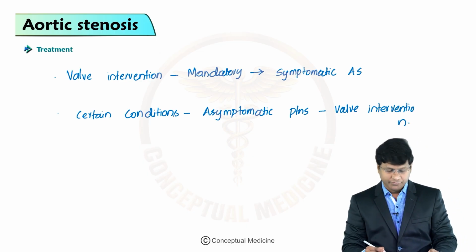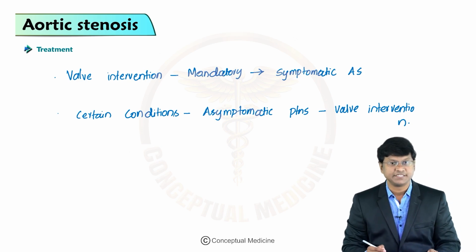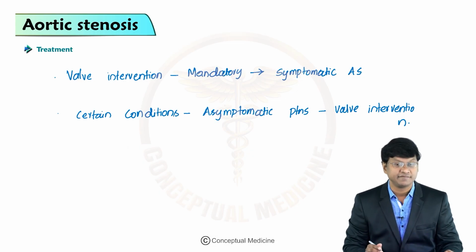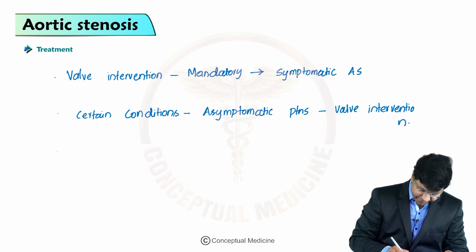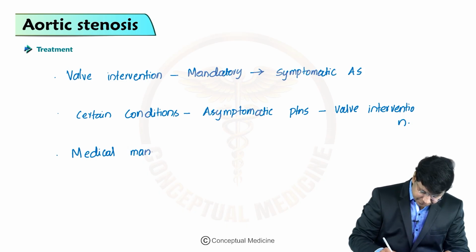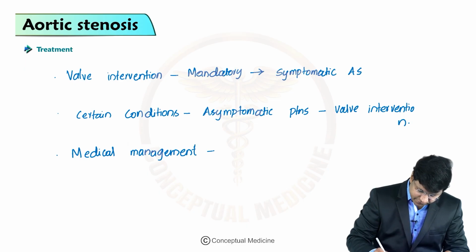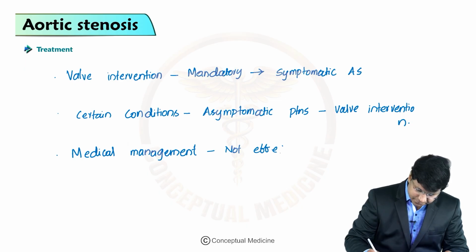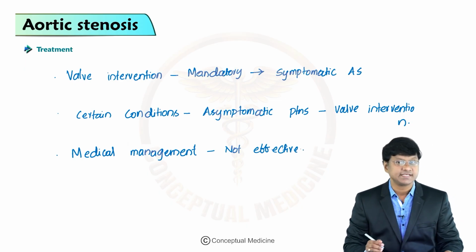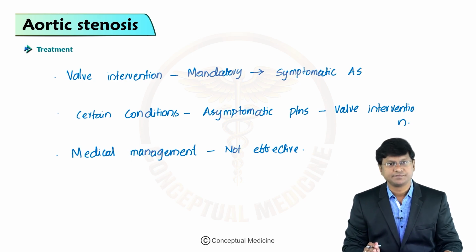Okay, next. Followed by that, you take the medical management. Medical therapy to reduce the progression of the disease has not been effective until date. So medical management has been found to be not effective to reduce the progression of the disease.